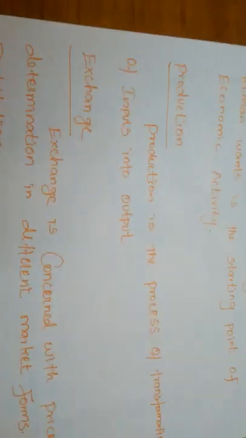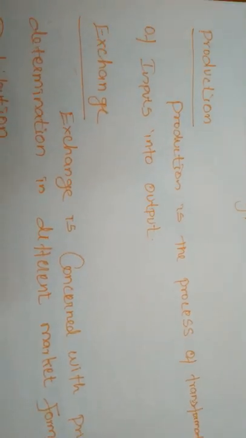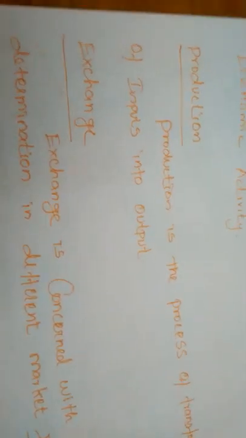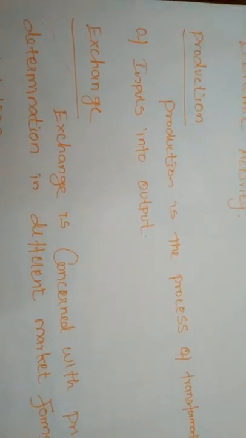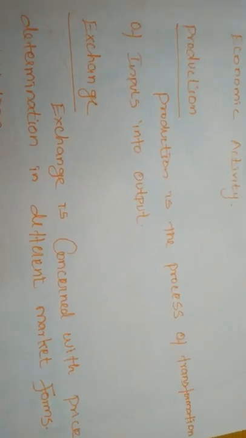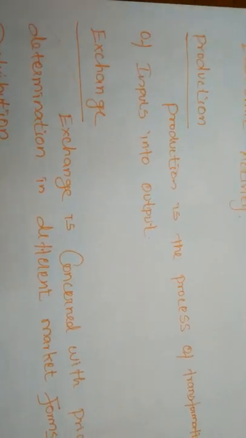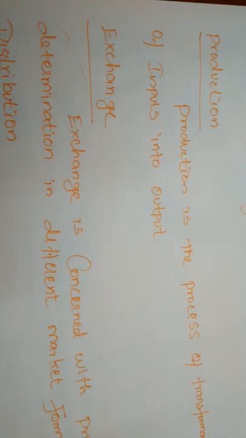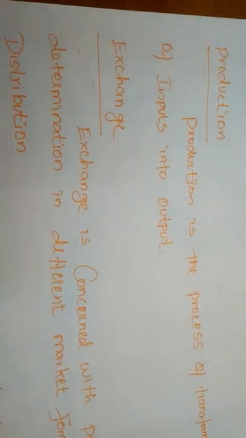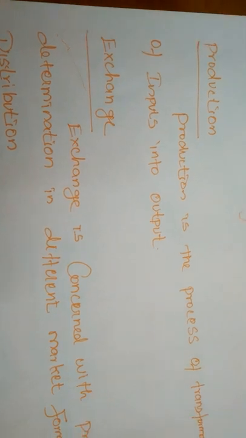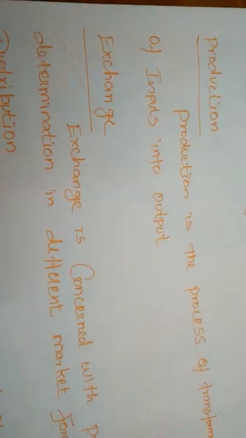Next, production. Production is the process of transformation of inputs into outputs. If you want to understand it easily, production is the process of transformation of inputs into outputs. In this transformation, the producer must know how to make a finished product by using the inputs or raw materials.